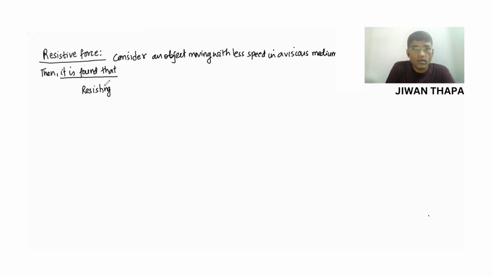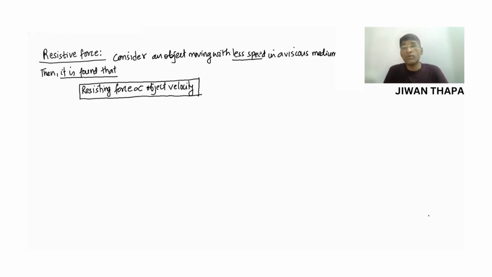Resisting force is directly proportional to object velocity, provided the velocity is small. So we have this condition: for an object moving with less speed in a viscous medium, resisting force is directly proportional to the velocity.